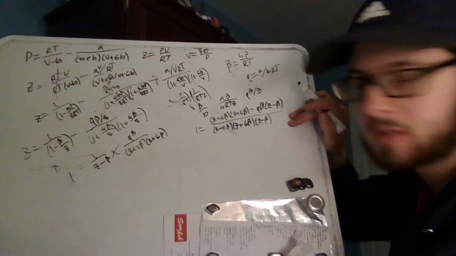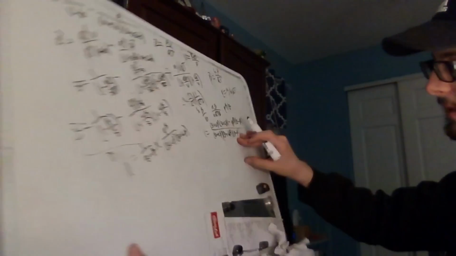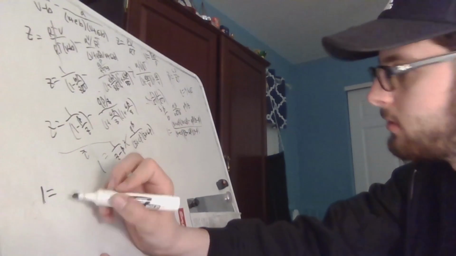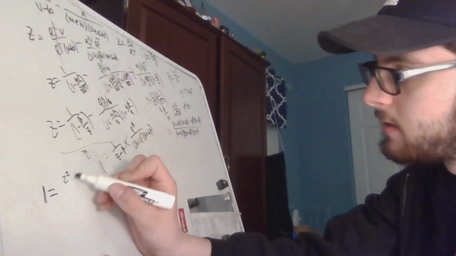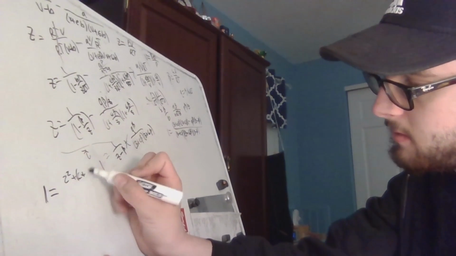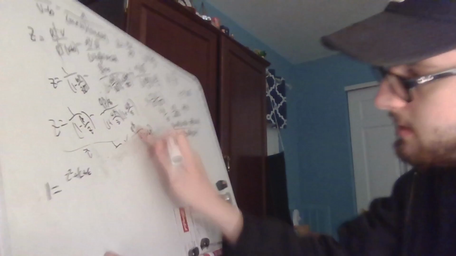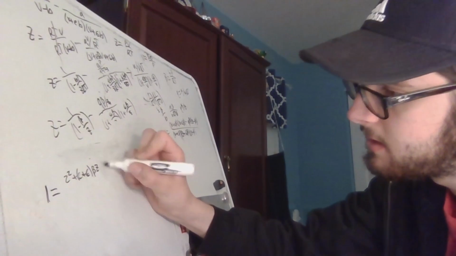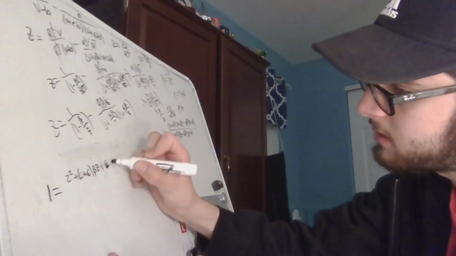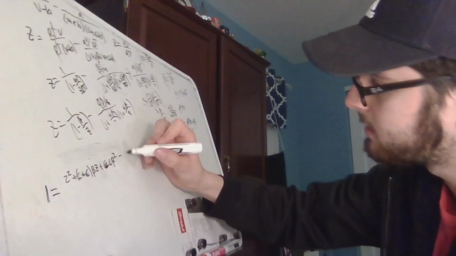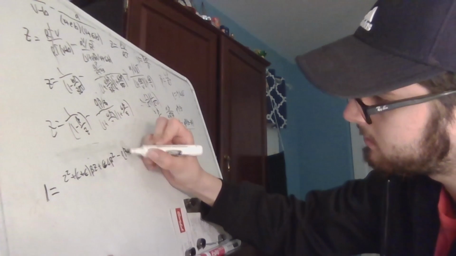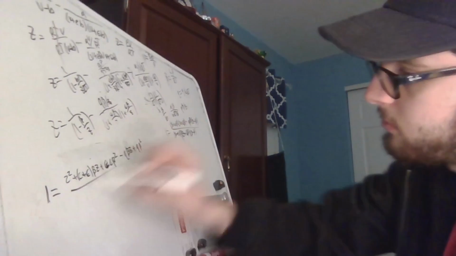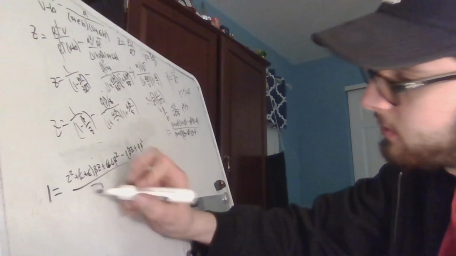And what we're going to do right here is multiply all of this together, FOIL it out, and you'll get the nice big long mess of 1 is equal to Z squared plus epsilon plus sigma beta times Z plus epsilon sigma beta squared, minus q beta Z plus q beta squared, over the same thing here.